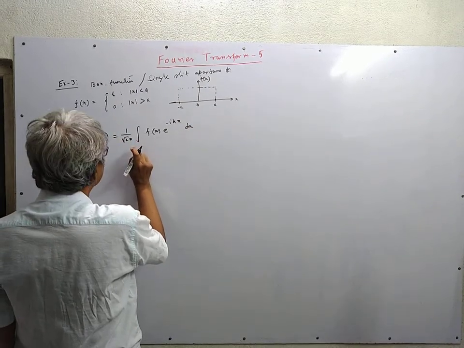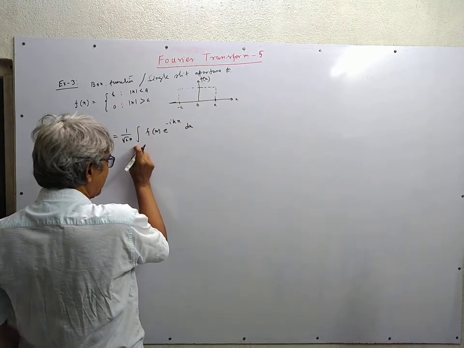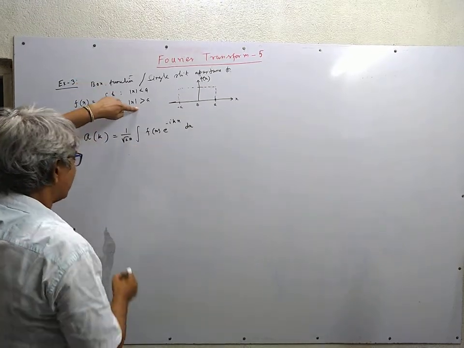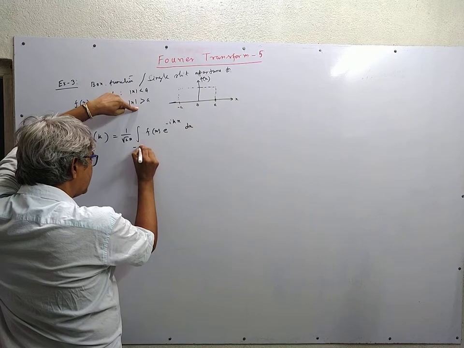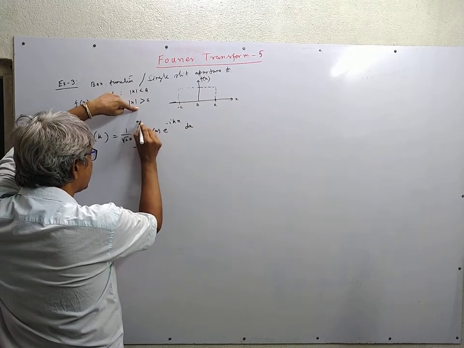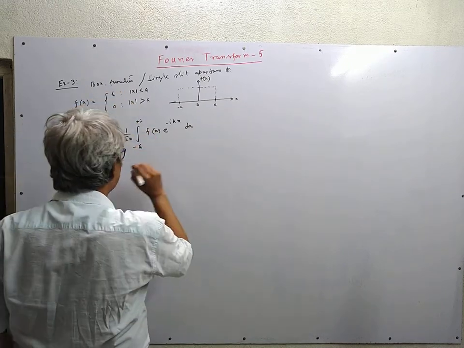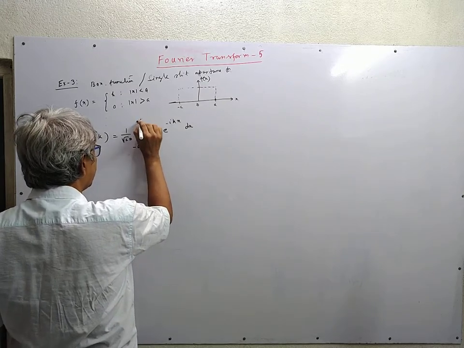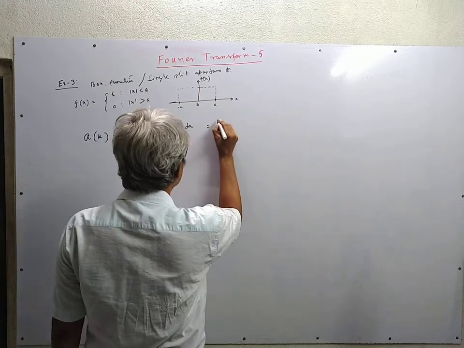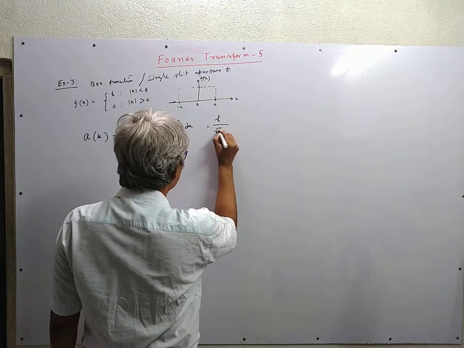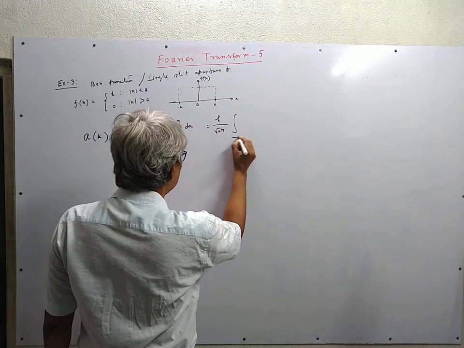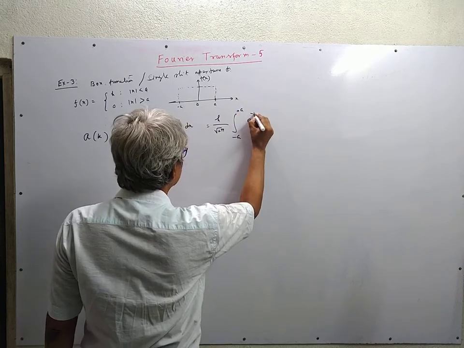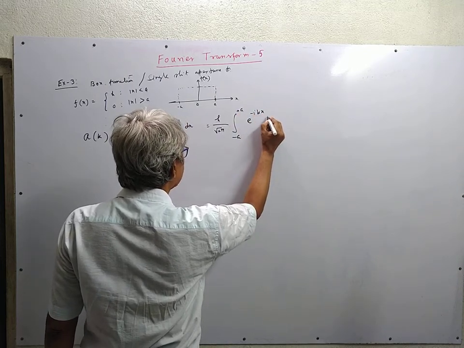Integration actually ranges from minus infinity to plus infinity, but for minus infinity to minus a, the function is 0, so we integrate basically between plus and minus a. Let me write it first in the general form. Then it is h upon root 2 pi, integral from minus a to plus a of e to the power minus i k x dx.